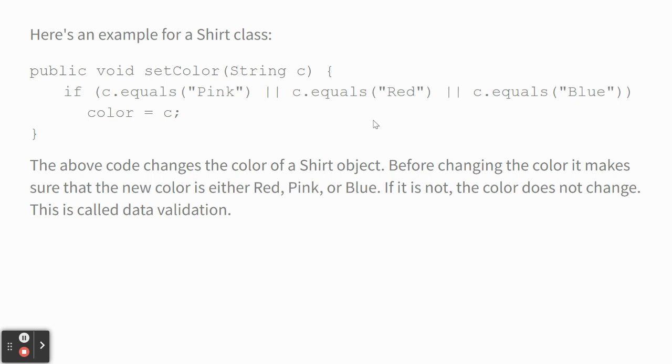And so when you're trying to set the color of a shirt to a new color, it's checking, hey, if it's pink, red, or blue, go for it. Otherwise, don't change it. And this is called data validation that you can do inside of a class. But it's just an example of why we would use accessor and mutator methods.